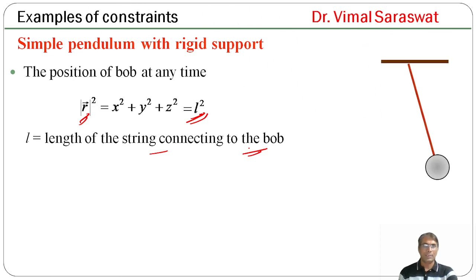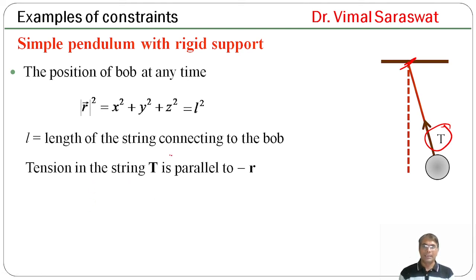Now, here we are showing a pendulum, and this is a bob, this is our string, and this one is the rigid support. The tension in the string is always towards this point.